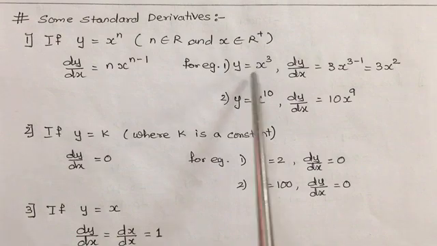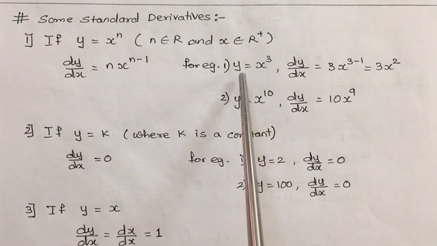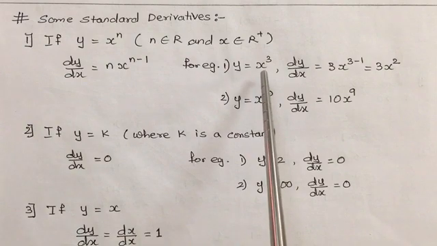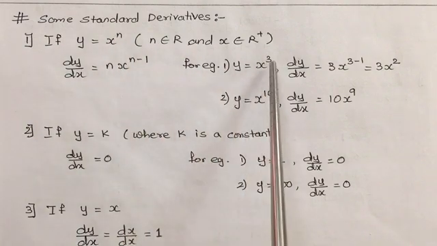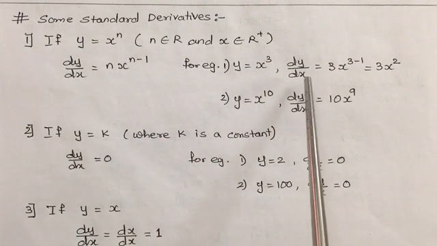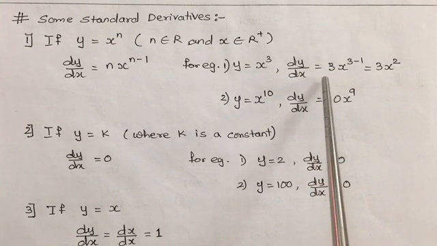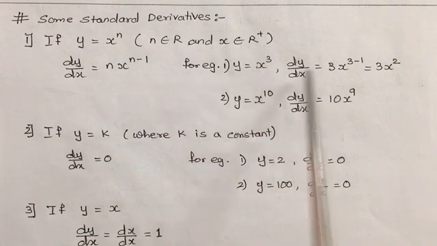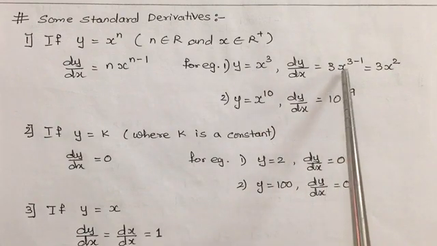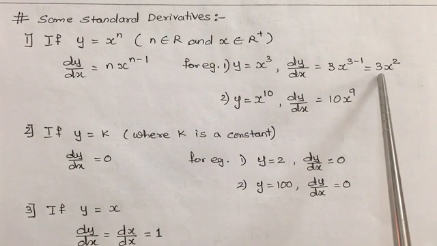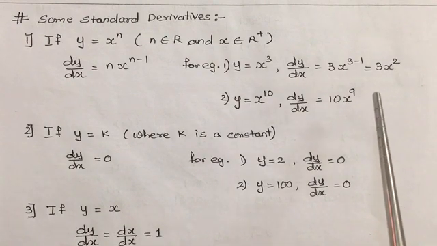Say, for example, how it is being used. If y is equal to x cube, that is, in the place of n we have 3, then if we want to calculate dy by dx, 3 comes in front, 3 x raised to 3 minus 1. So the answer becomes 3x square.